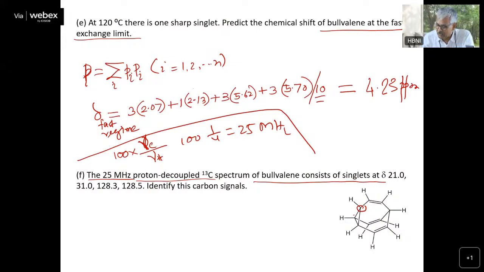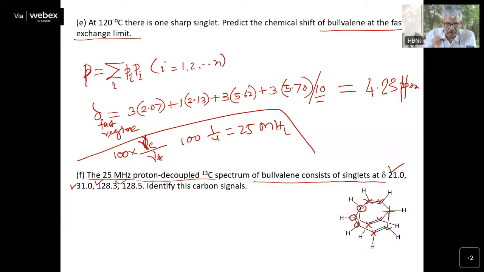This is one group, then this is another group, this is another group, and then this one is the 4th group. You will see only 4 signals: 21.0, 31.0, 128.3 and 128.5.